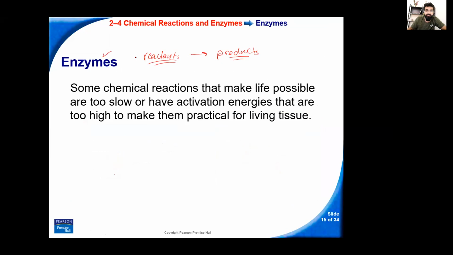Enzymes, or catalysts in general, minimize the time needed to convert all the reactants into products, or we can say they speed up the reaction. Is it clear for all? If not, open your mic and speak.